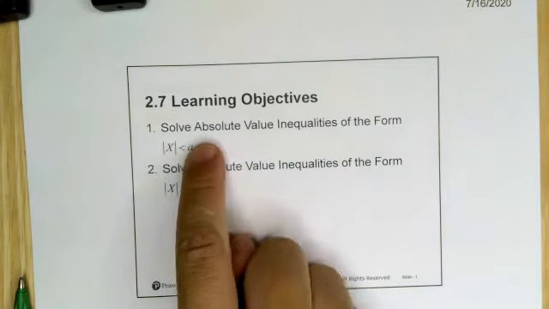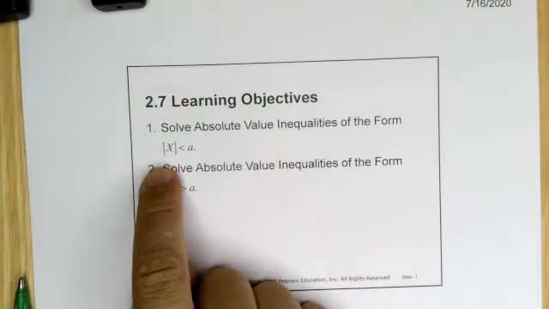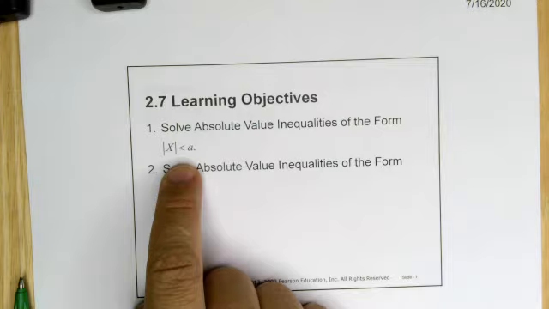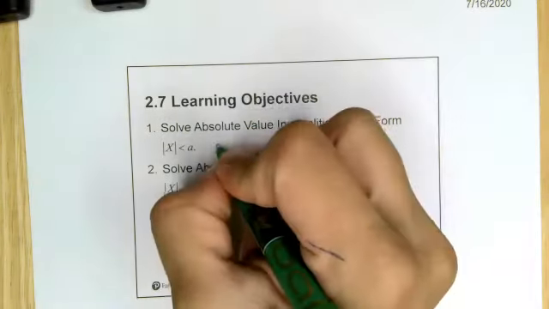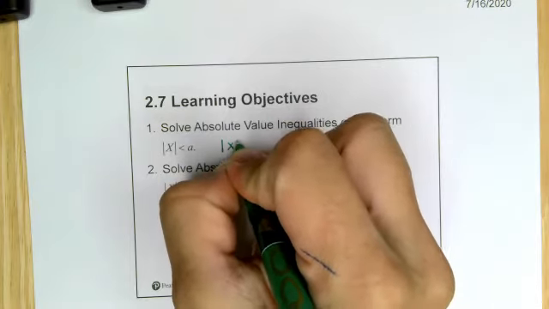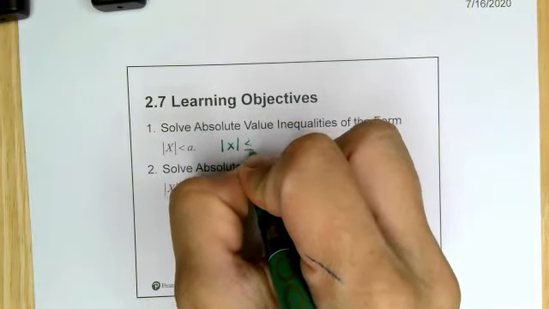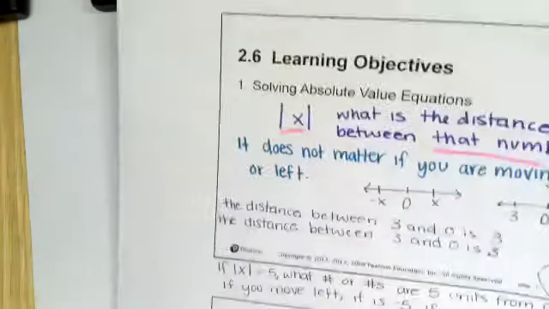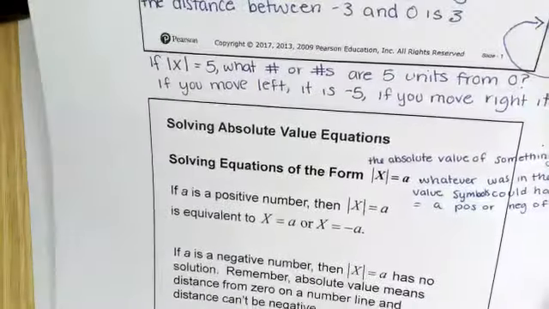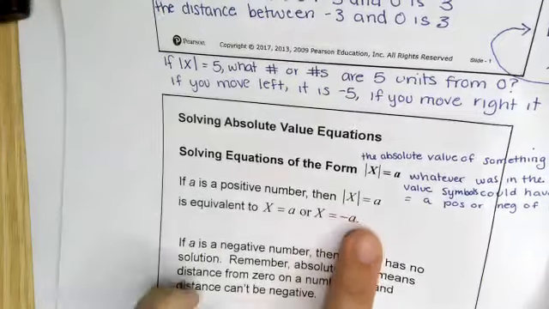So our objectives are to solve inequalities in the form the absolute value of x is less than a. It also can mean the absolute value of x is less than or equal to a. And just like last class, a is just a number, right?